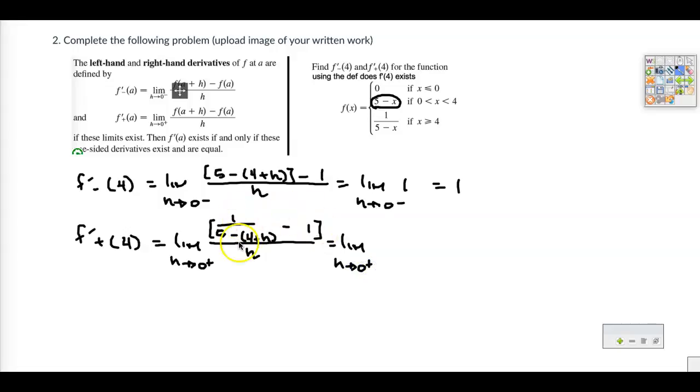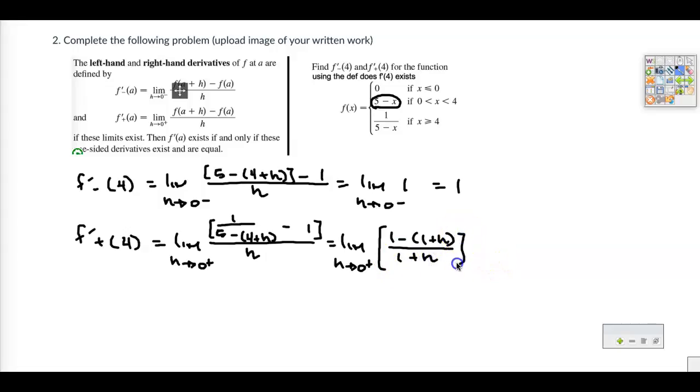When I combine this into a single fraction, this is going to be 1 minus 1 plus h, so therefore this is going to be 1 minus 1 plus h, all over 1 plus h.